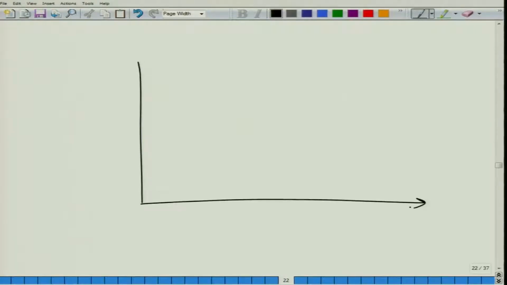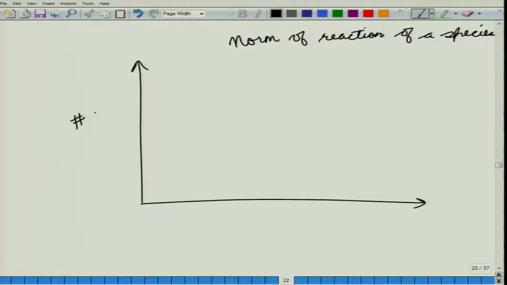So, basically if you consider any species, we are talking about the norm of reaction of a species. If we plotted number of individuals on the y axis and the conditions on the x axis, suppose we take the condition of say temperature.